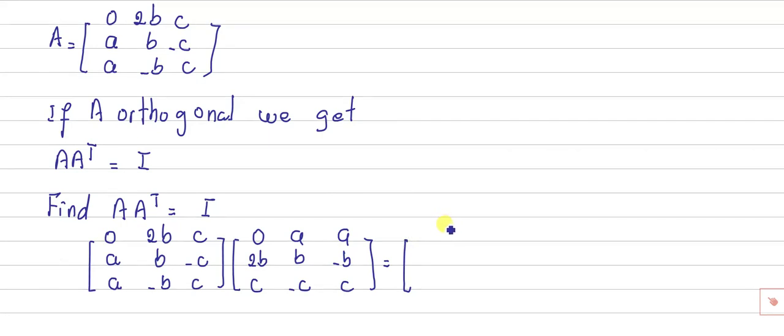The identity matrix is 1, 0, 0, 0, 1, 0, 0, 0, and 1. This is the identity matrix.